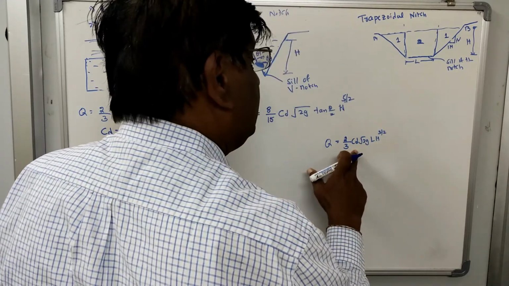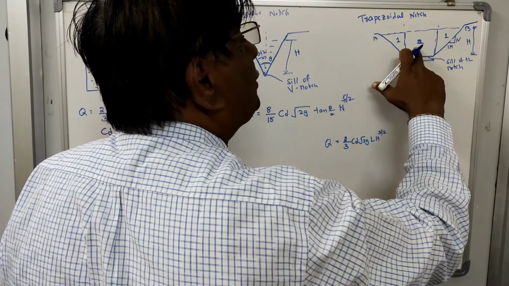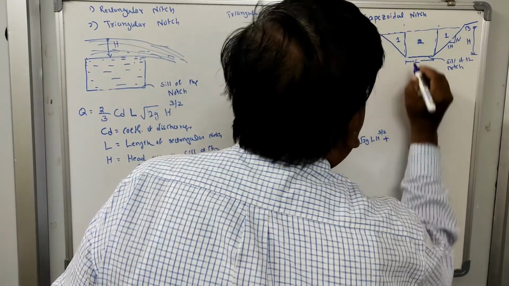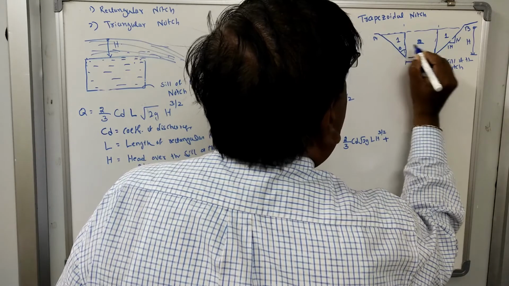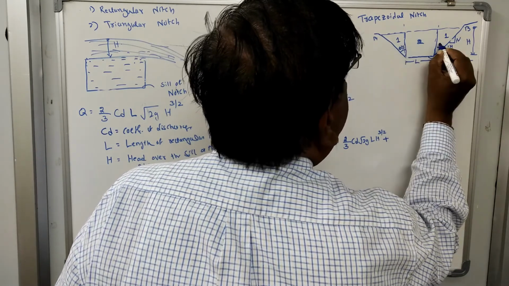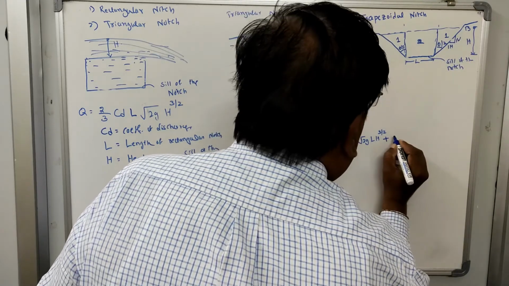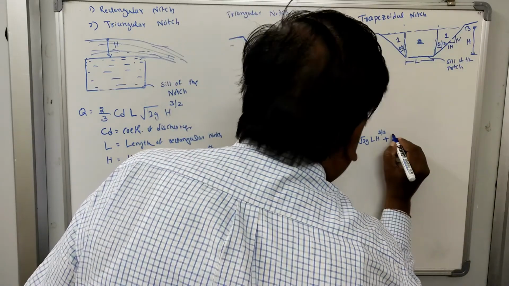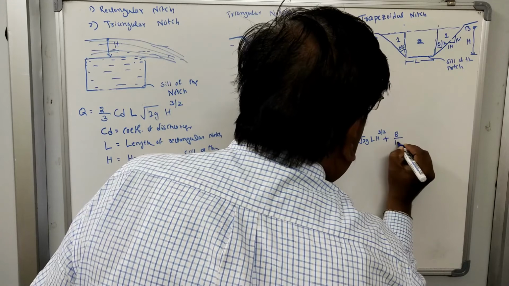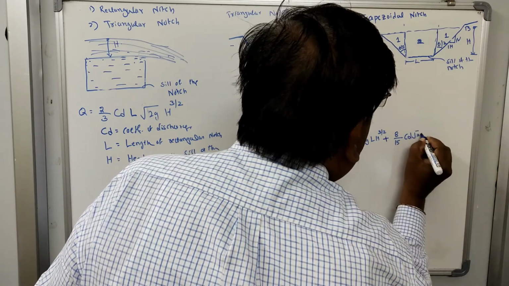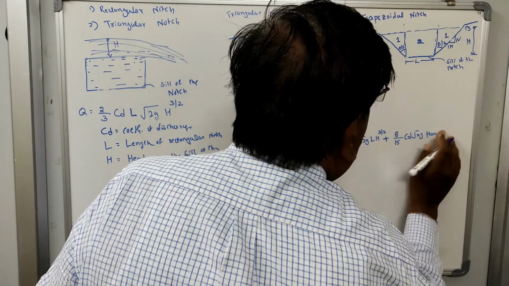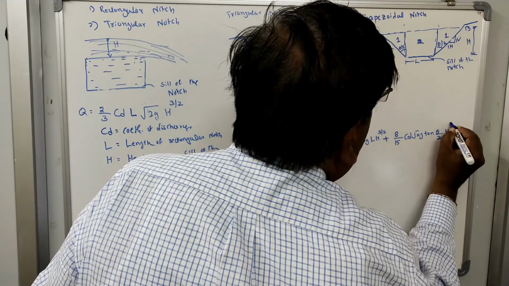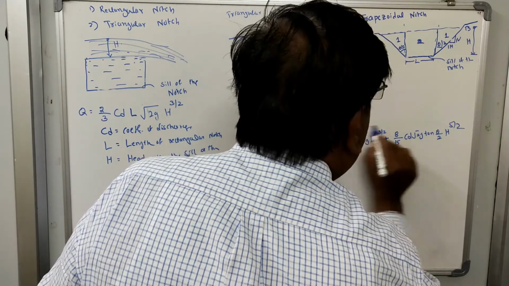This is the discharge through the rectangular portion, that is portion 2 of the trapezoidal section, plus the discharge through the triangular portion, where this is theta and this is theta/2, that is 8/15 CD root 2G tan theta/2 H raised to 5/2. So this is the discharge equation.